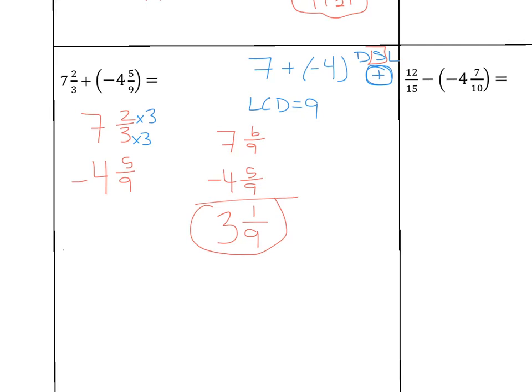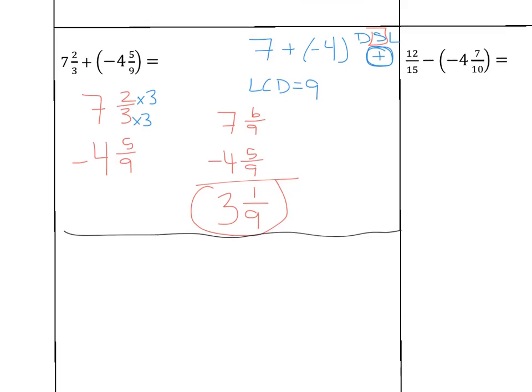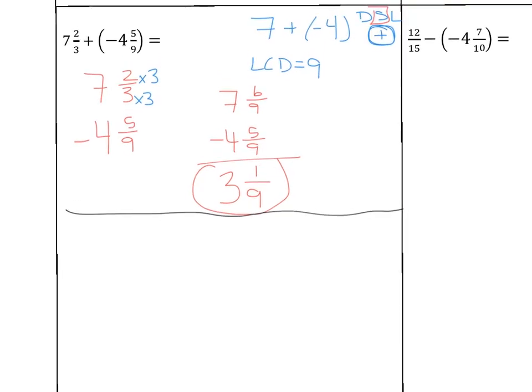I am happy to do this in the improper fraction method in case that's the method you prefer. So if we're doing that, we have 7 2/3 as an improper fraction is 21 plus 2, 23/3. 4 5/9 as an improper fraction is 41/9. And we still need common denominators, so I still multiply this by 3.